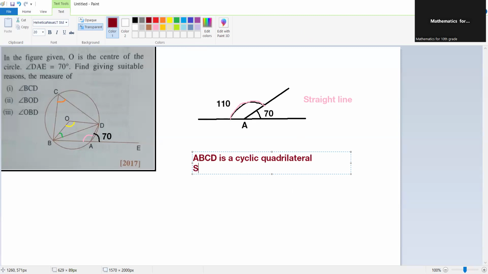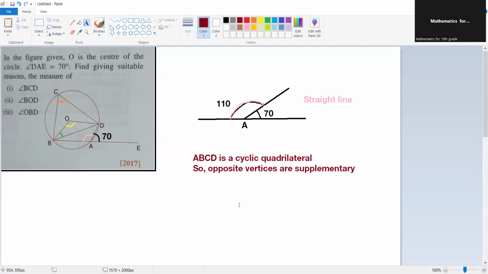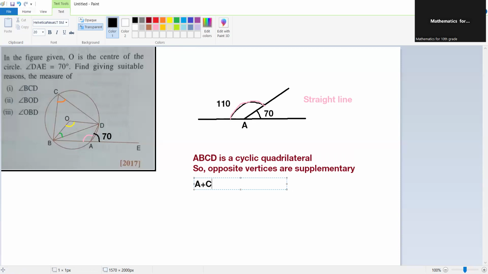So opposite angles are supplementary, which means A plus C is equal to 180 and B plus D is also equal to 180. This is the property of a cyclic quadrilateral.